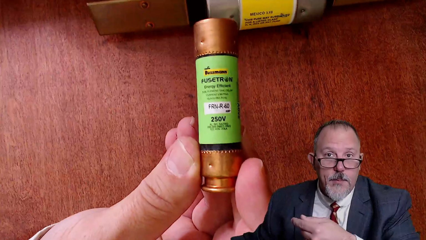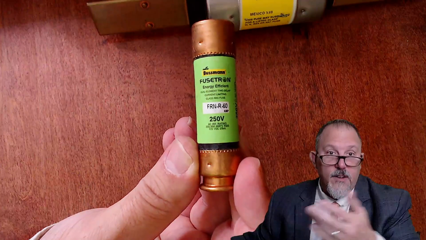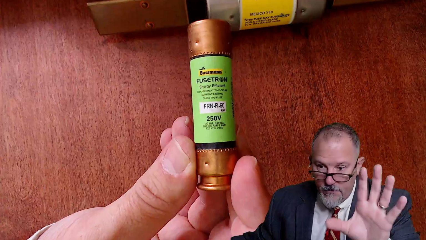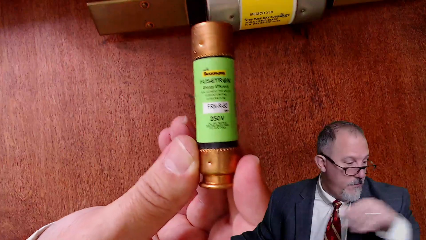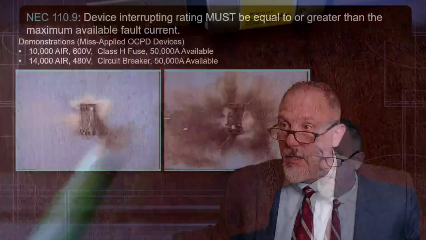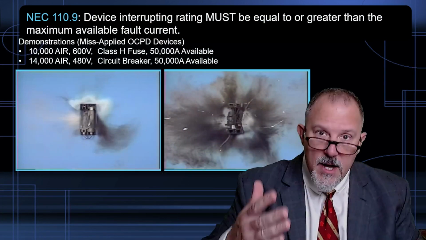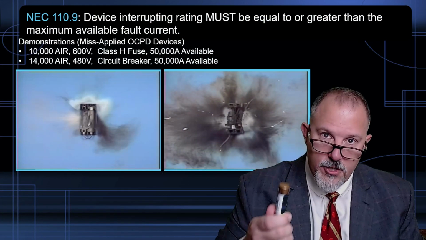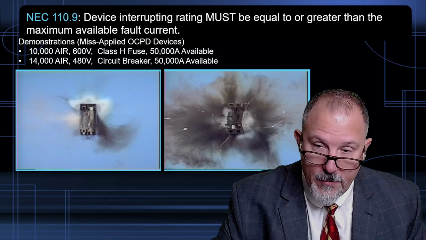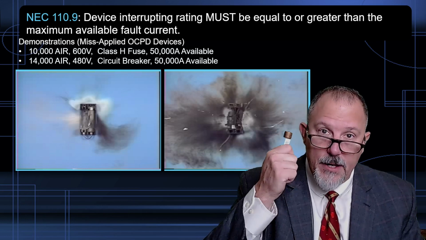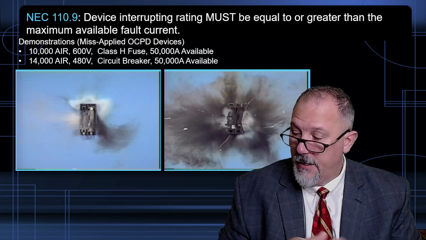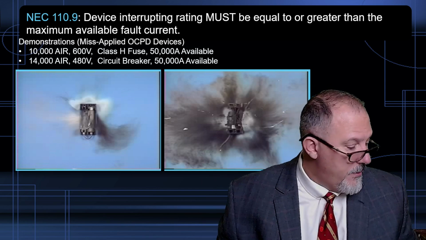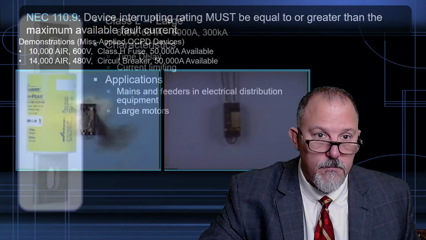You wouldn't want to apply this fuse on a 480 volt system. That would be ungood. All right. So be mindful that fuses will have a voltage rating. Fuses will have an interrupting rating. Fuses will have a current rating, and just like circuit breakers.